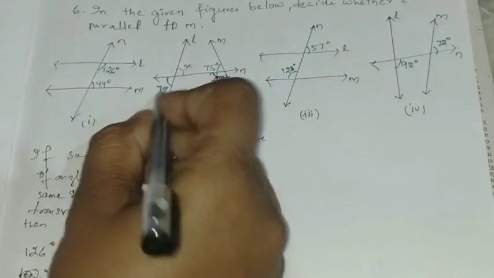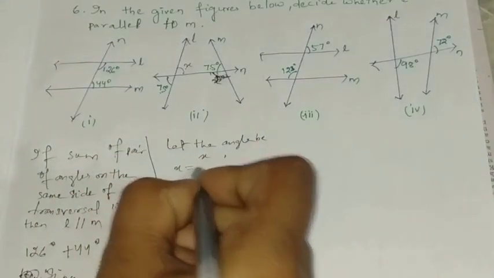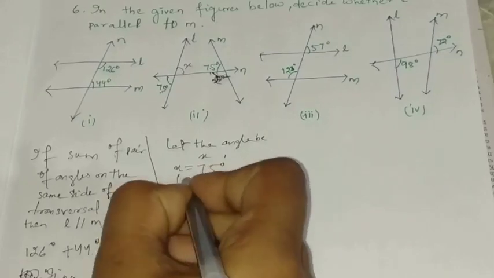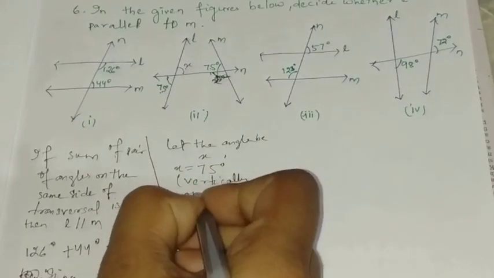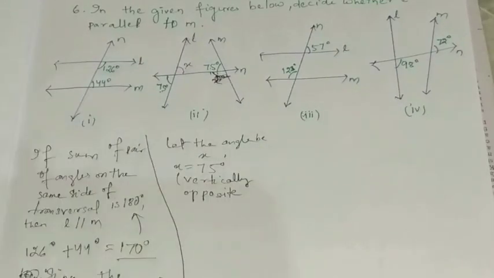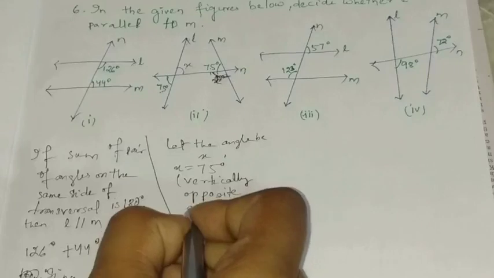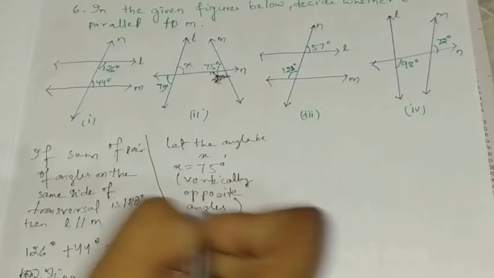So if this is 75, this is also 75. So x equals 75 degrees because they are vertically opposite angles.